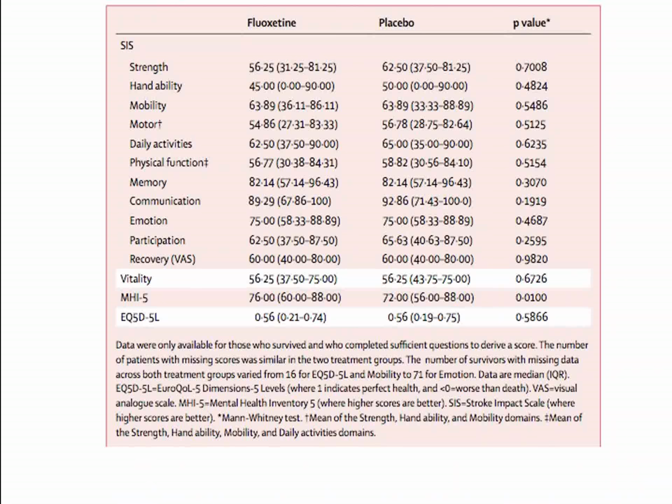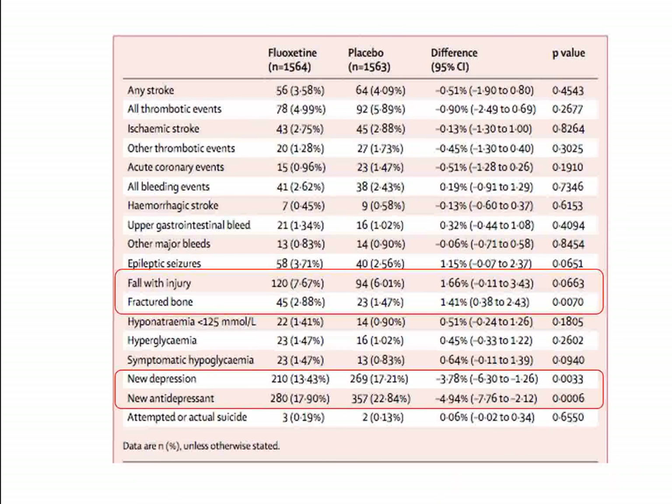And strength, hand ability, motor, daily activities, physical function, memory, these sorts of things were no different in both groups. But what was different is that the people that got fluoxetine fell down. They also, not quite significant, tended to have more epileptic seizures, and they had more fractures. So it looks like getting fluoxetine after stroke makes matters worse, not better.